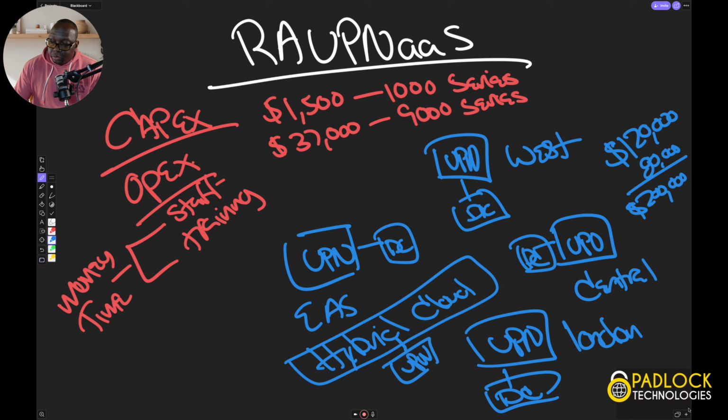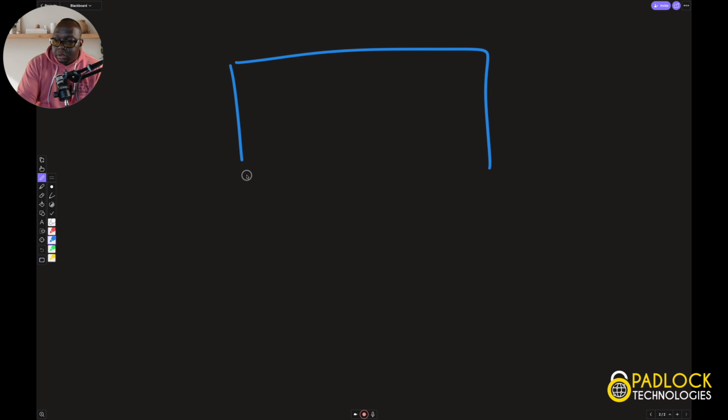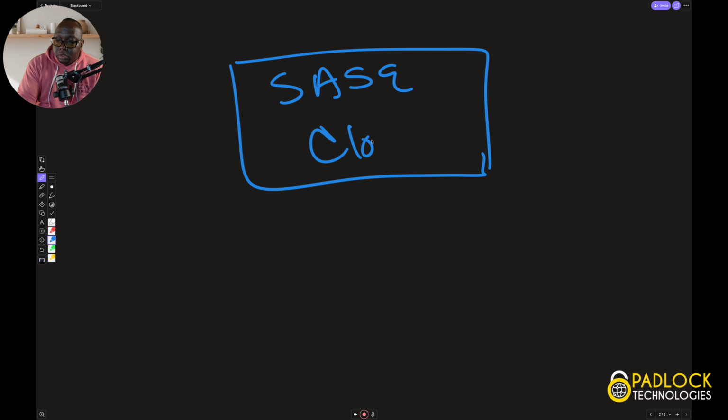Now, what VPN as a service actually solves is you could do the same thing. You could spin up multiple VPN head-ends in different locations, but they're all going to be going to the SASE Cloud. Again, this is where the SASE Cloud comes in. So what the SASE Cloud will do is you'll still have the same, okay, we have a VPN head-in here for East Coast, right?